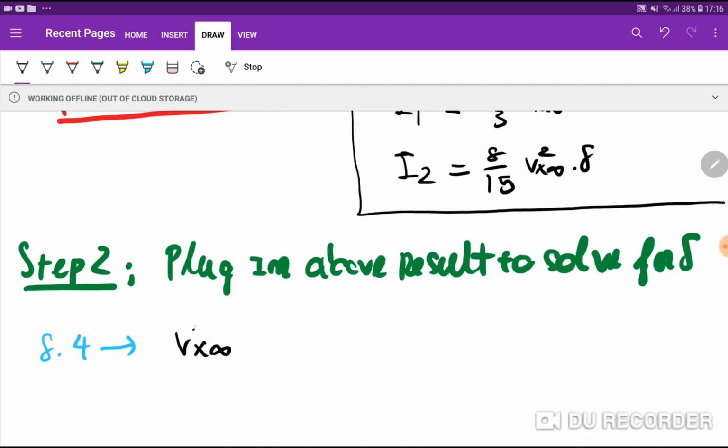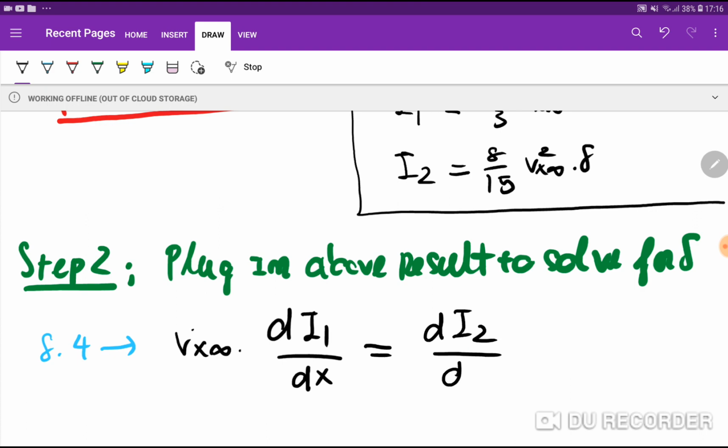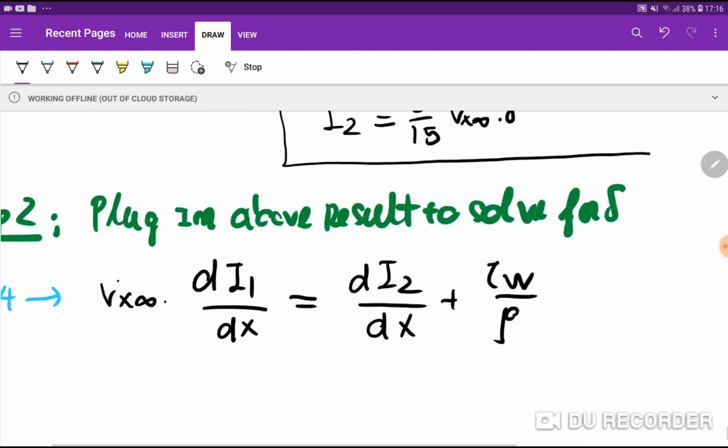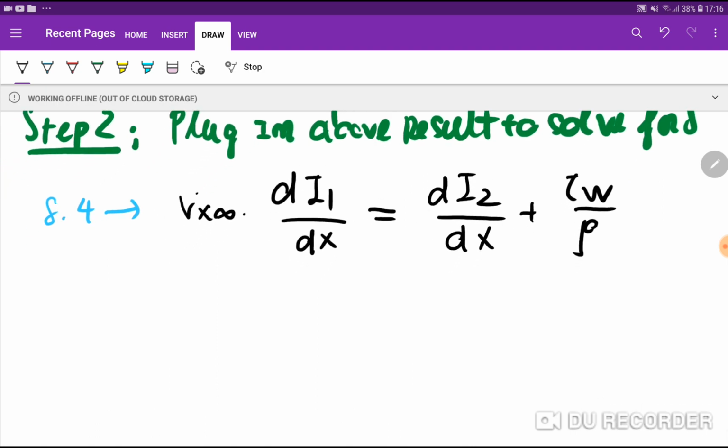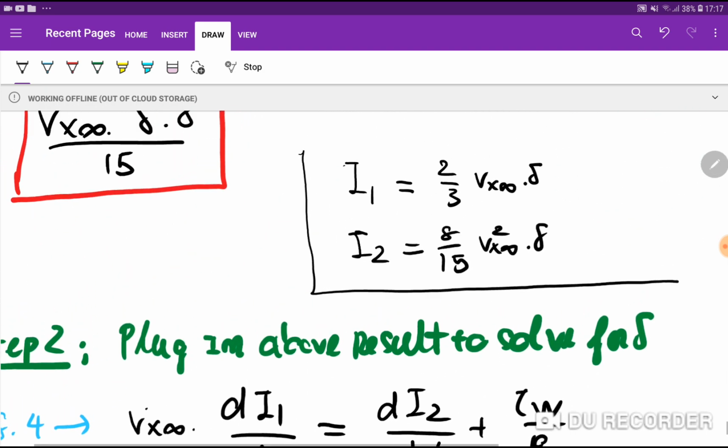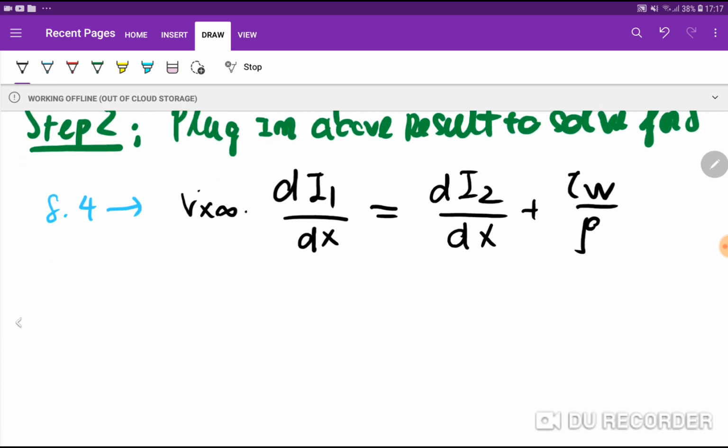Vx infinity times d of I1 over dx equals dI2 over dx plus tau w over rho, right? Because I1, I2 are the two integrals, and I don't want to rewrite a whole integral. That's why I named them I1, I2. And we already have I1, I2 right here. Now let's go ahead and expand it.